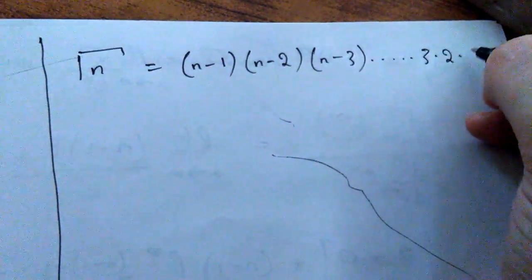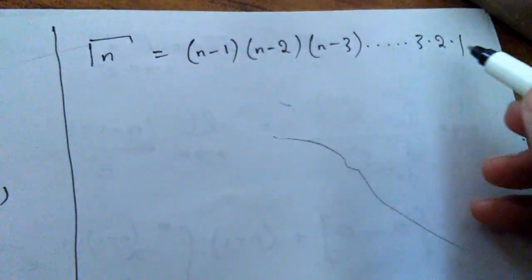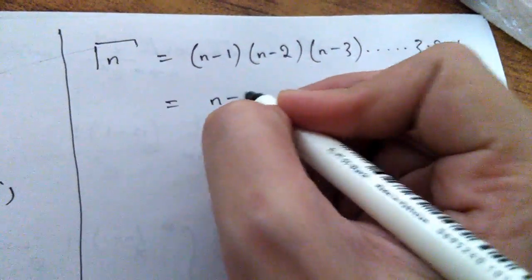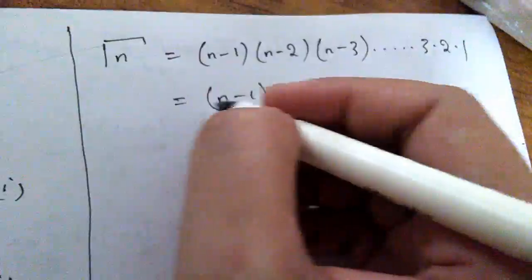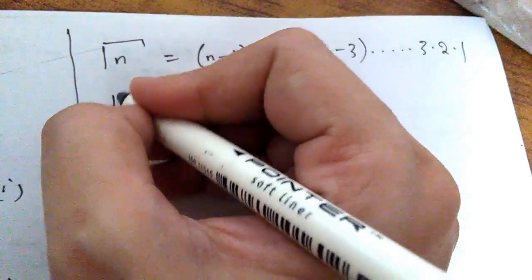Till you reach this form, and you can see that this is the factorial of your n minus 1 value. Okay, so the gamma function n is equal to n minus 1 factorial.